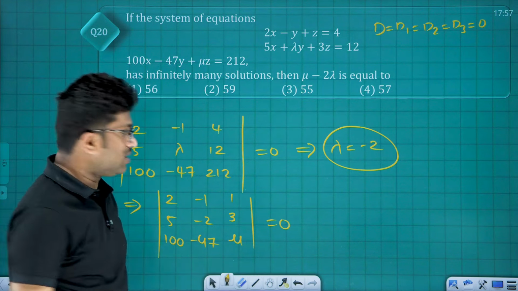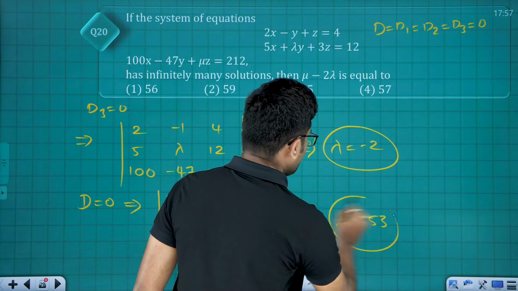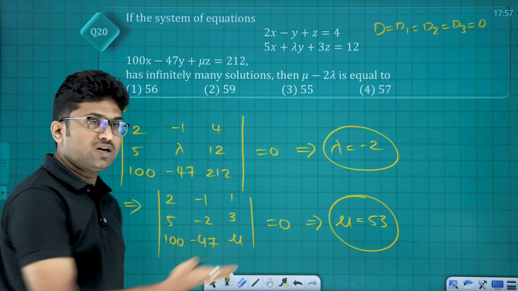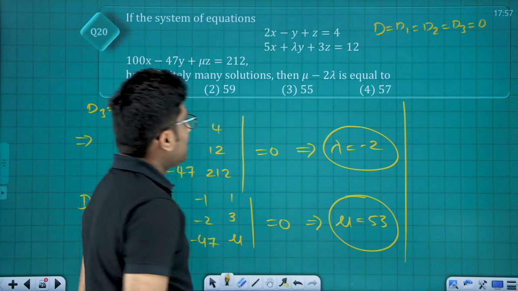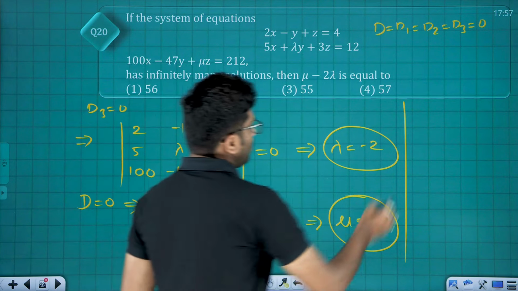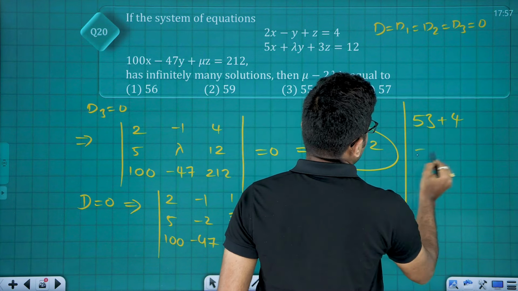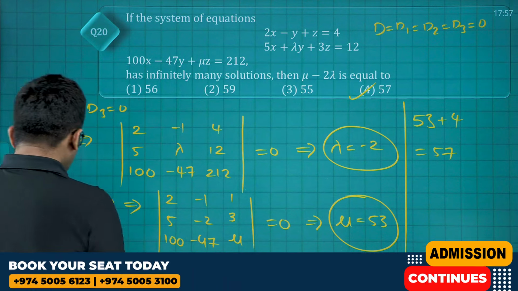If we expand this determinant, we get mu equals 53, friends. I'm just writing it directly because expanding the determinant, we know it. Now they are asking us to find mu minus 2 lambda, that is 53 plus 2 twos are 4, which equals 57, friends. Answer is 57. Next question.